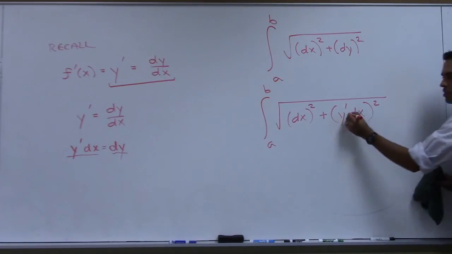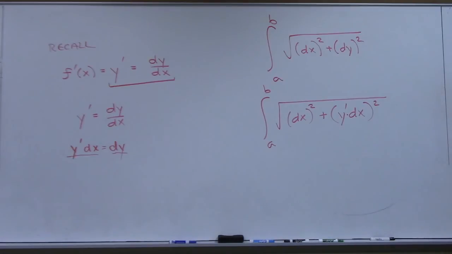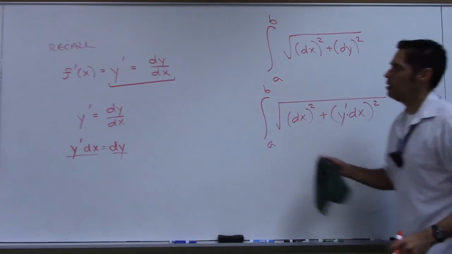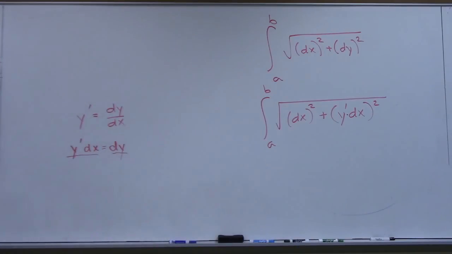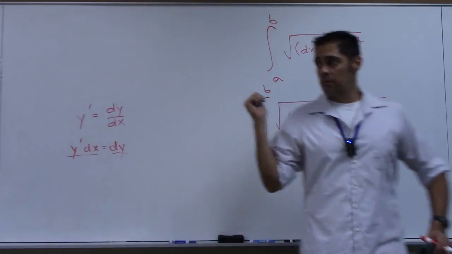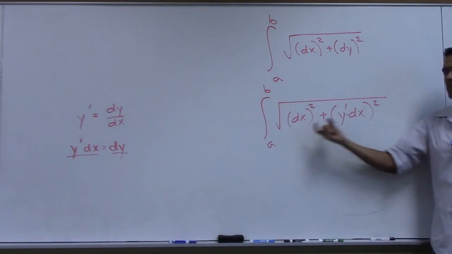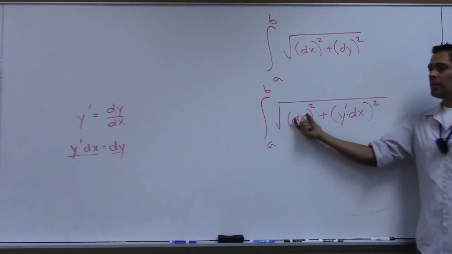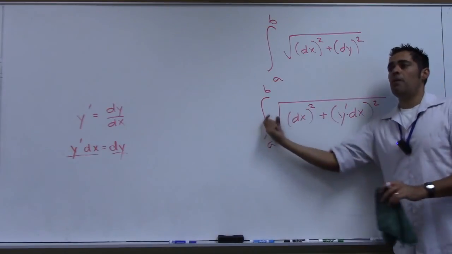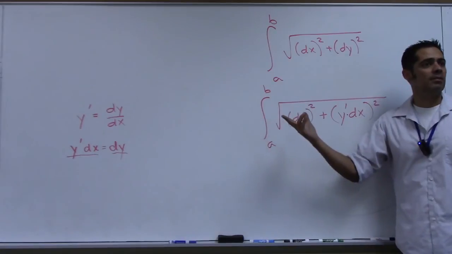And this is multiplication right here. What can I do inside that root? Anyone see it? Pull out a dx out of the entire root. This has a dx squared. This one has a dx squared also, once I square it. They both have dx squared. I can factor it out and then pull that out of the entire root as a dx.